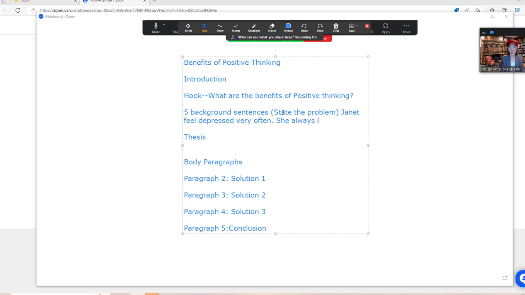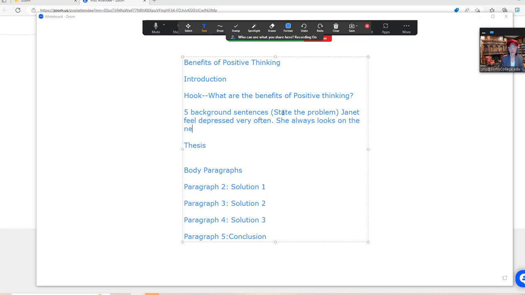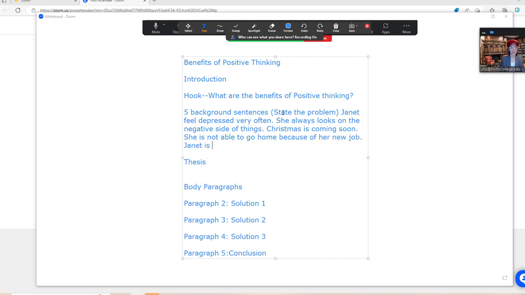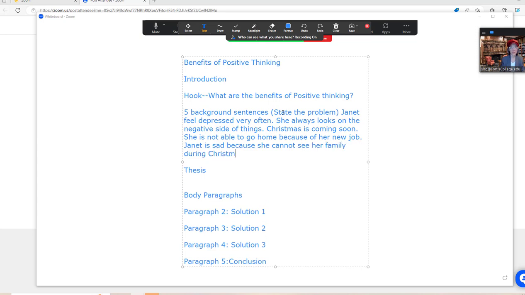She always looks on the negative side of things. Christmas is coming soon. She is not able to go home because of her new job. Janet is sad because she cannot see her family during Christmas.